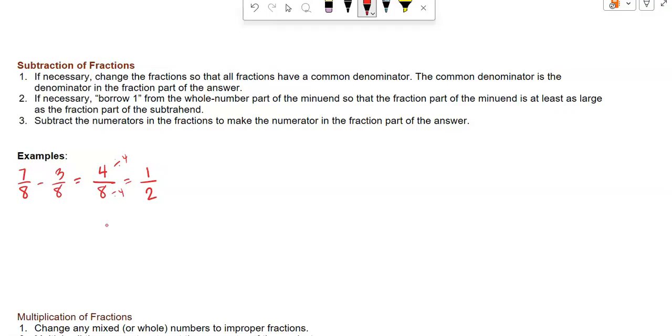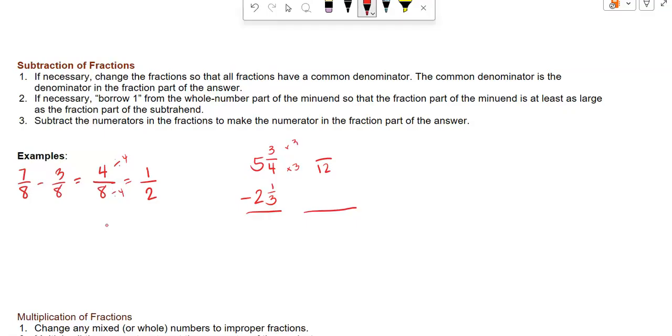Now let's take a look at a mixed number example. Let's say you have something like 5 3/4 minus 2 1/3. Just like we did earlier, we need to find your least common denominator. In this case, I'm going to use 12. So 4 times 3 is 12.